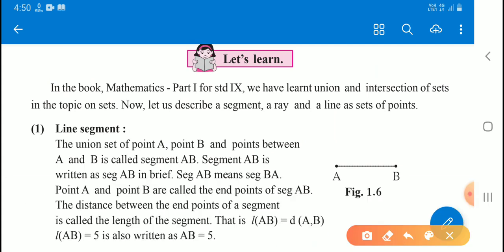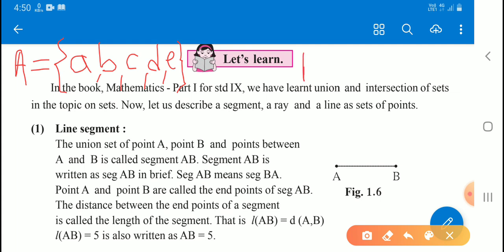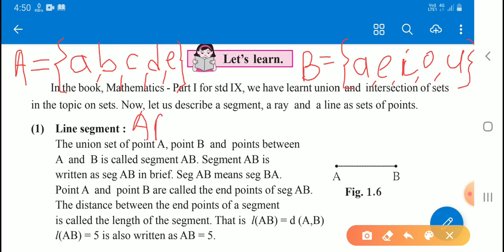Intersection of sets means, if we take the set A equal to {A, B, C, D, E} and set B equal to {A, E, I, O, U}, then the intersection of these two sets means the common elements from both the sets.